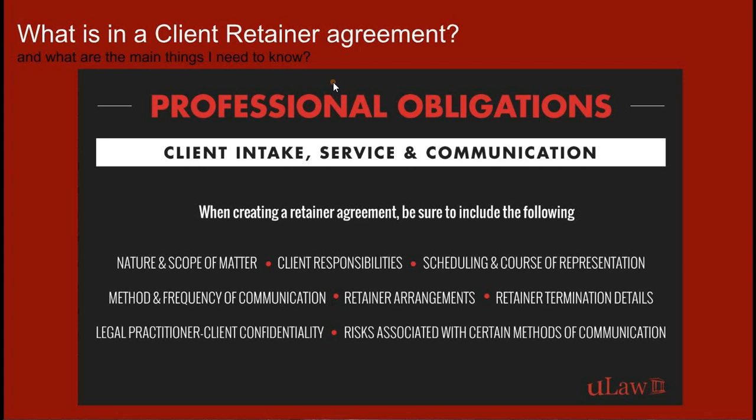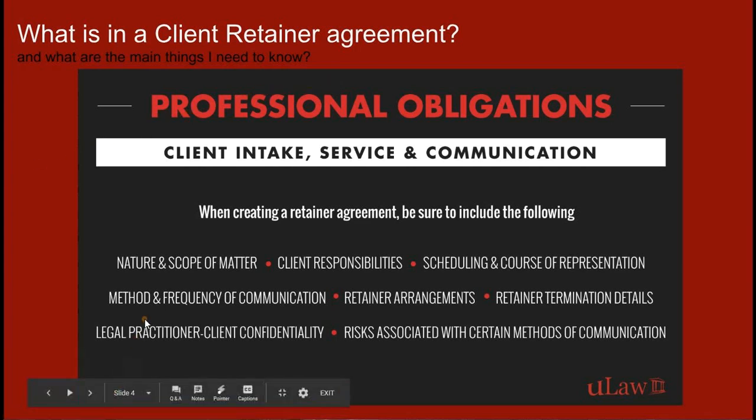We spoke about termination details, right? If for whatever reason the client does not meet these obligations, or there are other reasons why the client needs to not engage you, there is an opportunity to end that engagement. Confidentiality, so making sure that you as a legal professional are responsible and you understand your responsibilities to ensure client confidentiality.